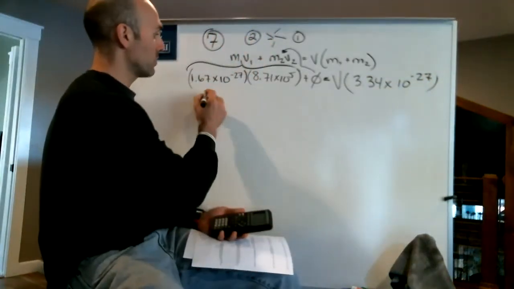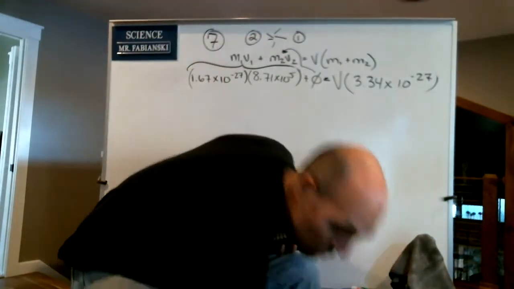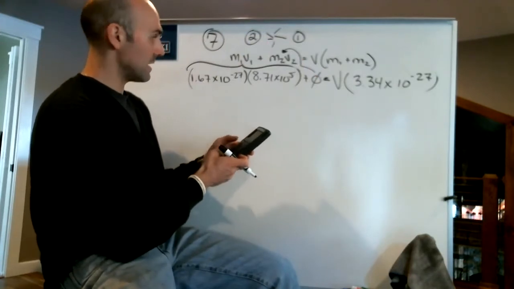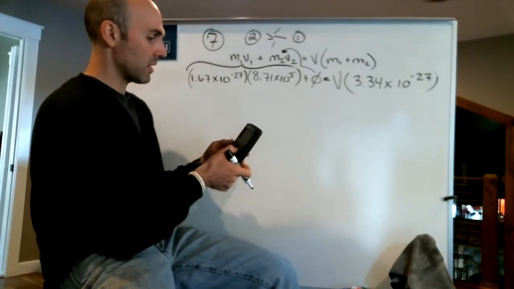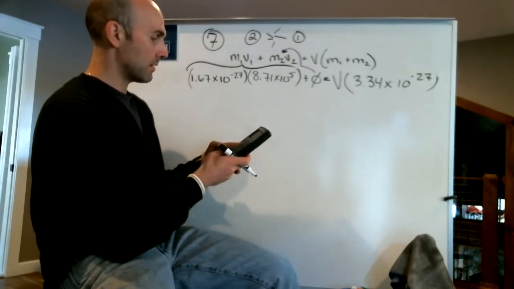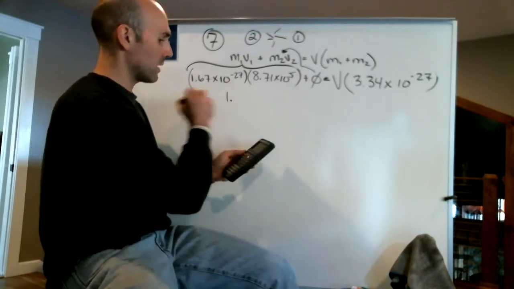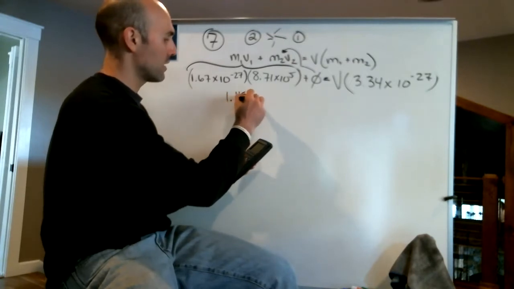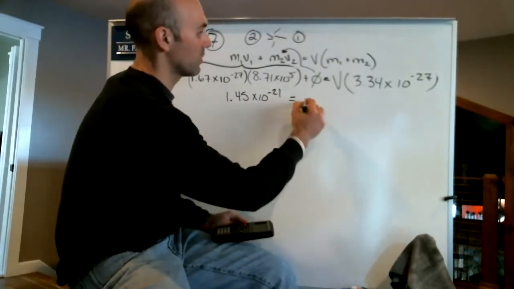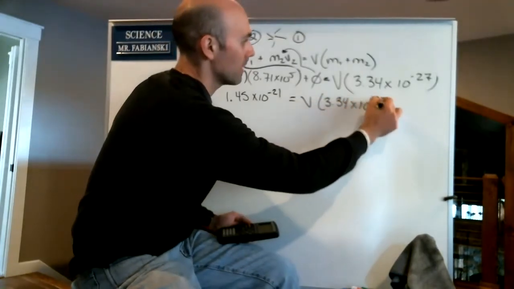All right, so we multiply this out. 1.67 e to the negative 27th times 8.71 e to the 5th comes out to be 1.45 times 10 to the negative 21st, equals v times 3.34 times 10 to the negative 27th.